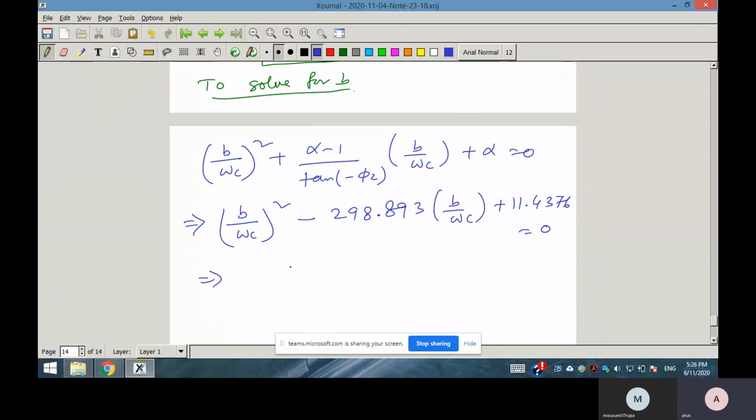So this will give you b by omega c equal to 0.0383. So this will give you b equal to 0.2296. Here, as I said, you have to take the smaller value of b by omega c. There will be two solutions, but you have to take the smaller value because you have to assume b is much less than omega c.